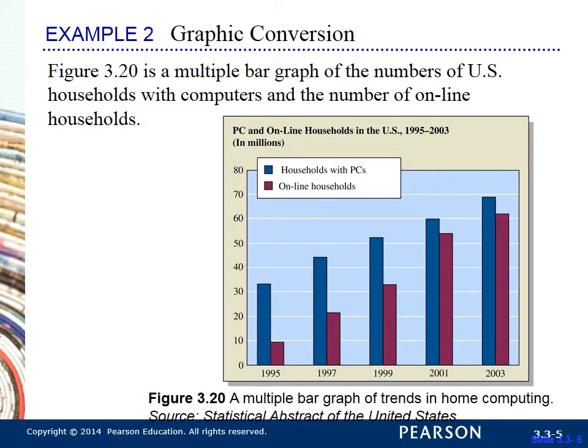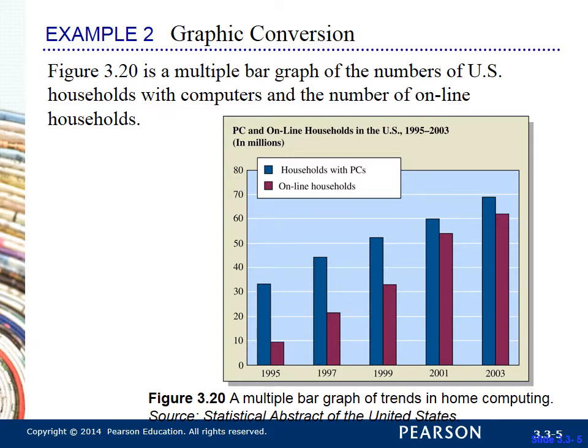Okay, so here we have multiple bar graphs of the number of U.S. households with computers and the number of online households. So some that just have computers that are not online and the ones that are online with their computers. So this again is measuring, I'm just looking at the label on the chart, PC, personal computer, and online households in the U.S. from 1995 to 2003.